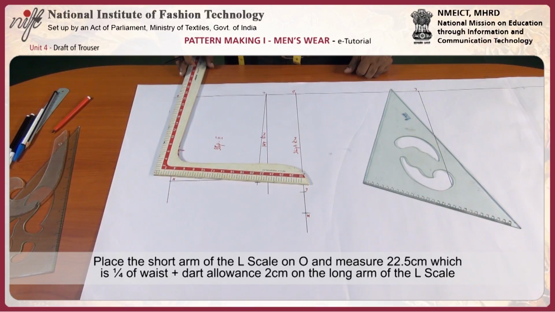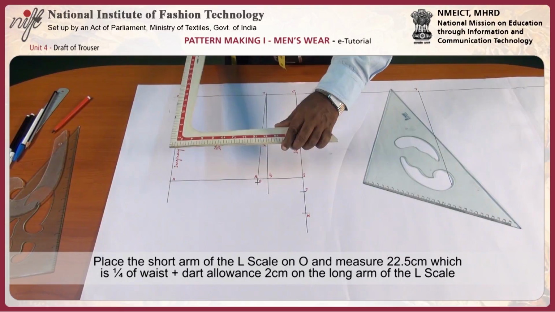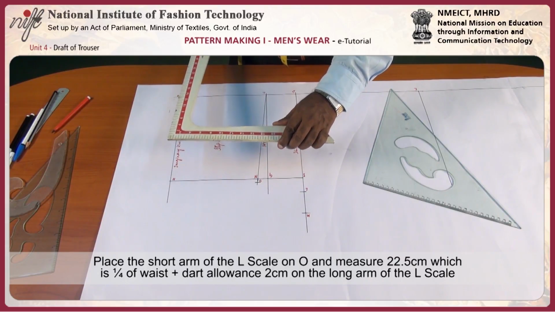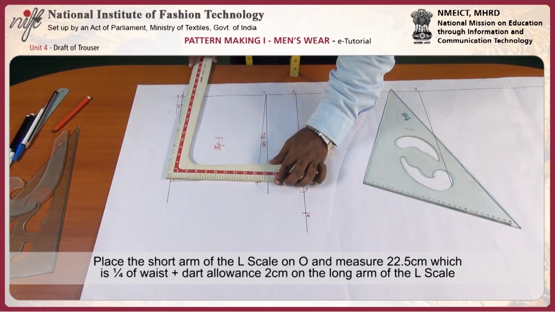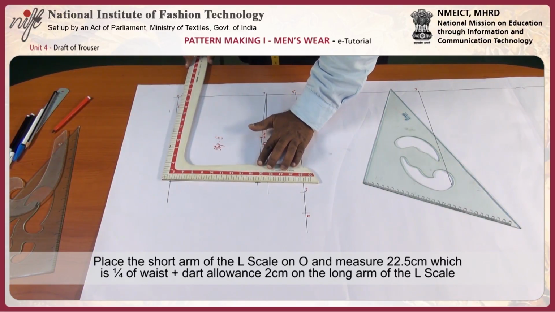Place the short arm of the L scale on point O and measure 22.5 centimeter, which is 1/4 of the waist circumference plus dart allowance 2 centimeter on the long arm of the L scale.